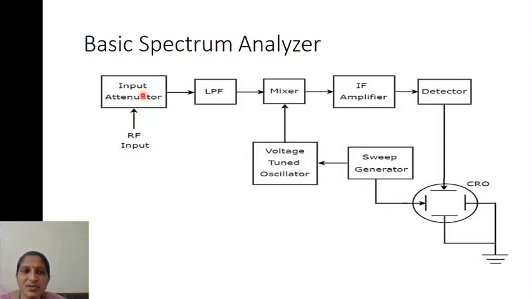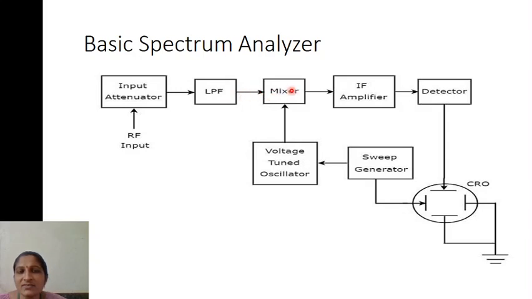It will allow only the required frequencies and stop all the others, providing the frequencies for which you want to study the information. Those frequencies are provided to the low pass filter. This low pass filter will remove any harmonics present, and it will allow the low frequency band to the output.